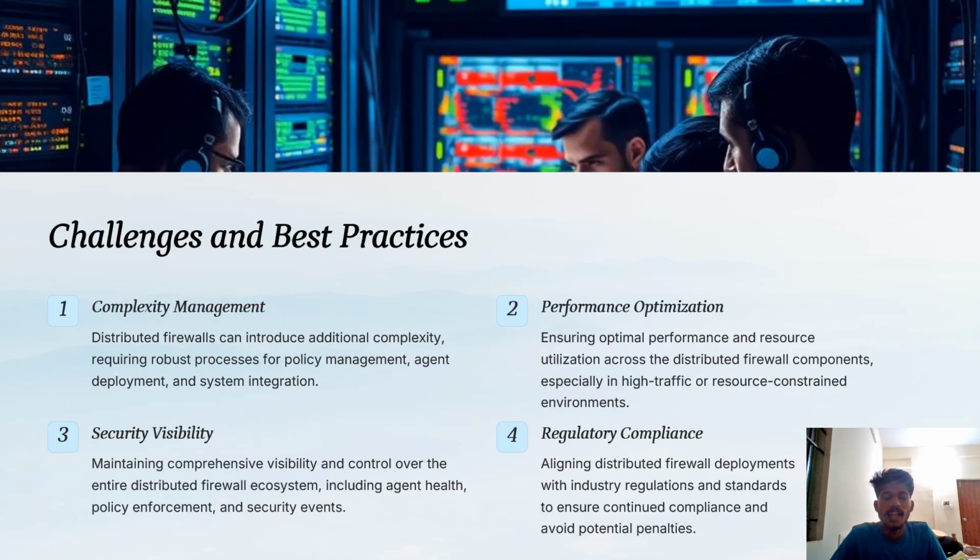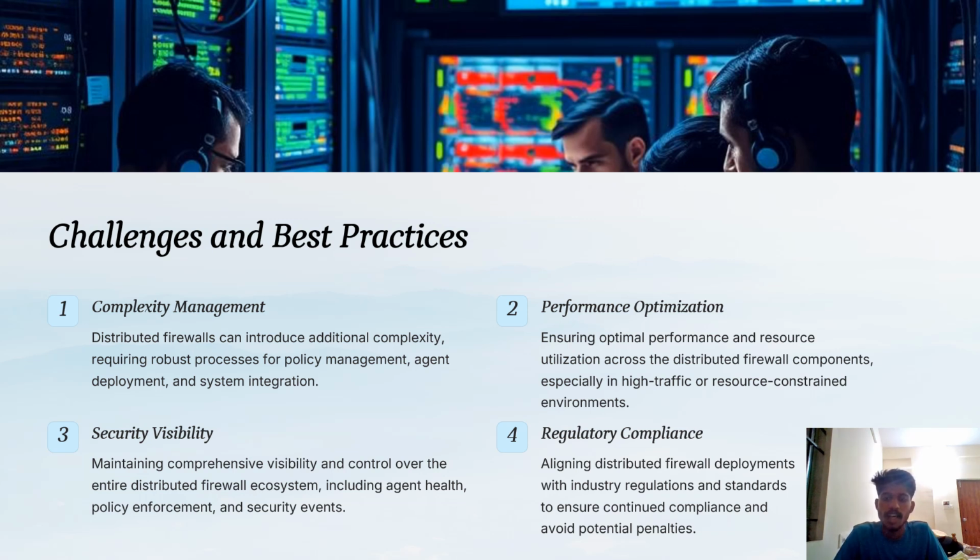Now coming to the last topic of our PPT, we have the challenges and best practices. Complexity management, performance optimization, security visibility, and regulatory compliance. Complexity management: distributed firewalls can introduce additional complexity, requiring robust processes for policy management, agent deployment, and system integration.